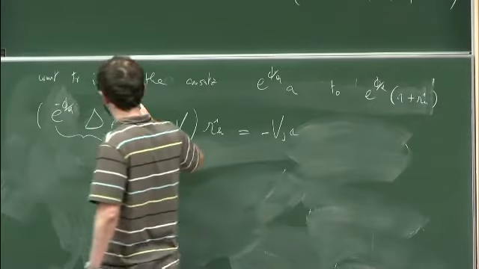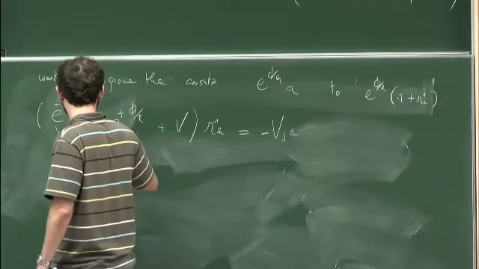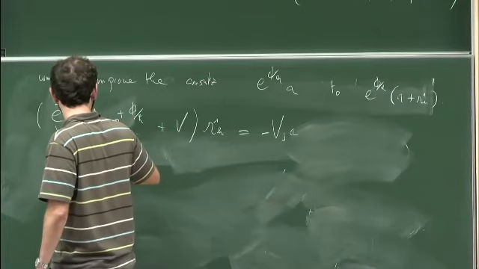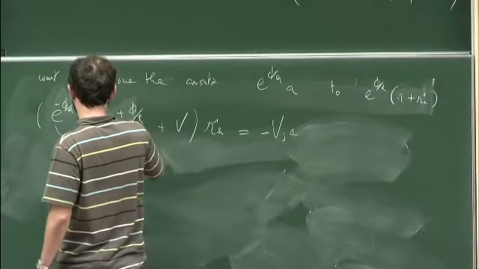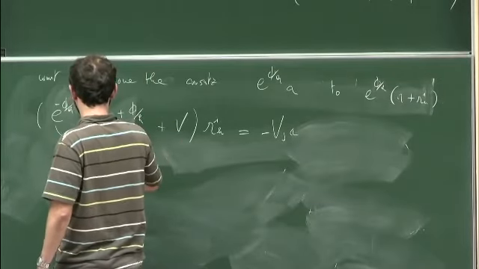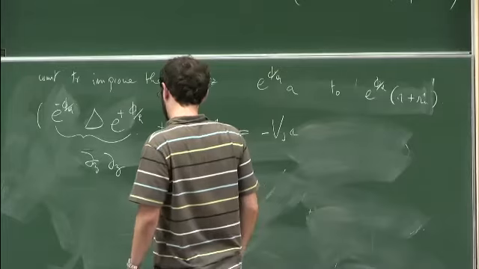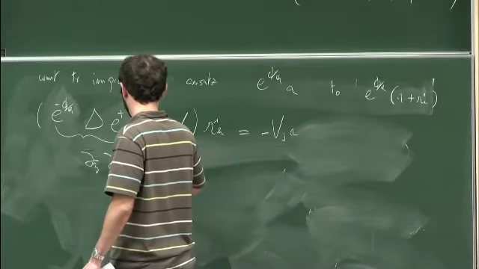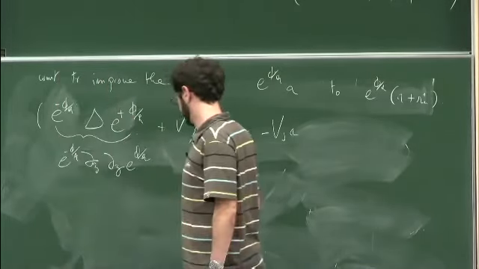So the very good thing of harmonic functions is the following. The Laplacian is dz bar dz, exponential phi over h, exponential minus phi over h, right?